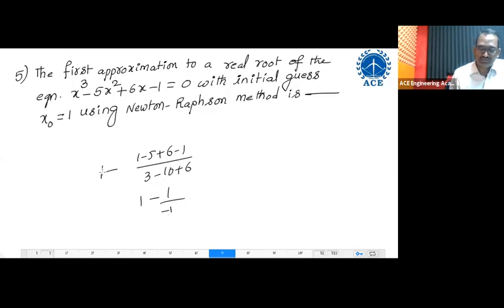Observe, I think the answer is 2. Answer is 2. What is the answer? 2 will be the answer.